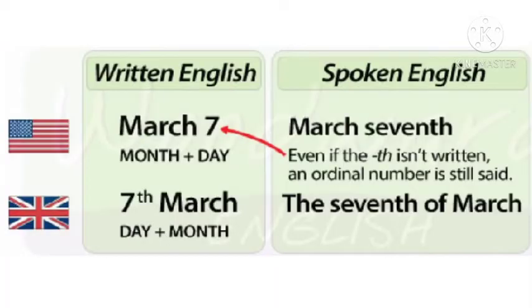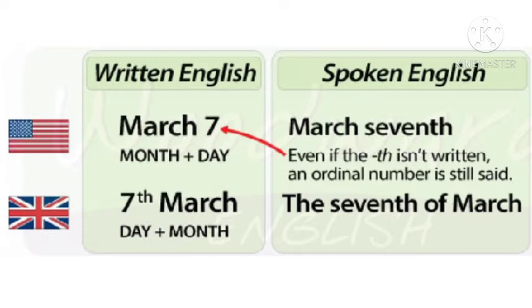You can see on the screen that the first line is the way American English says the date, and the second line is the way British English says the date. In American English, they start with the month first, followed by the cardinal number of the date. However, when spoken, they say it in ordinal number. So, in the example, you could see that it says March 7th instead of March 7.